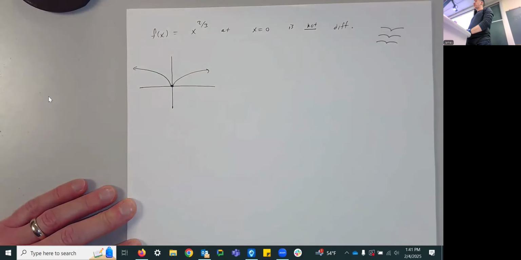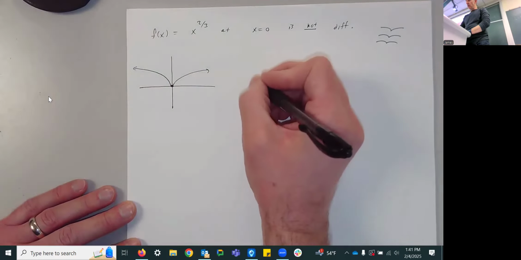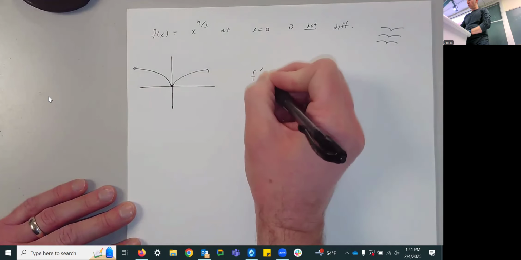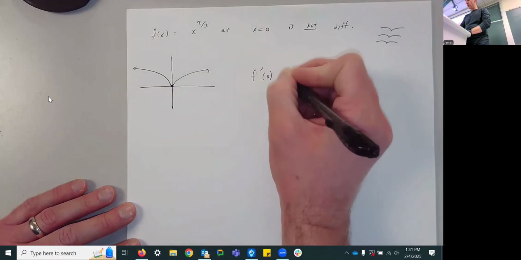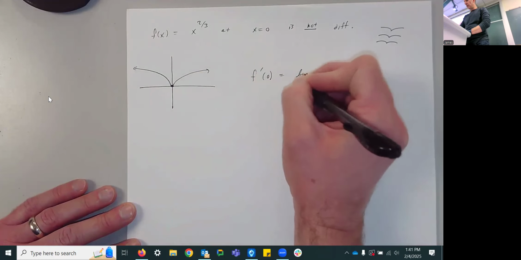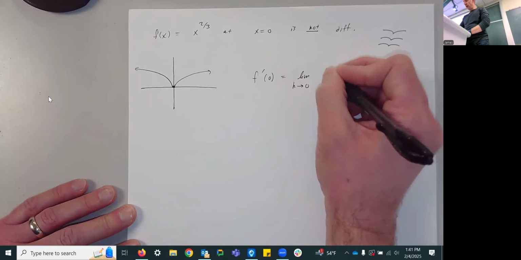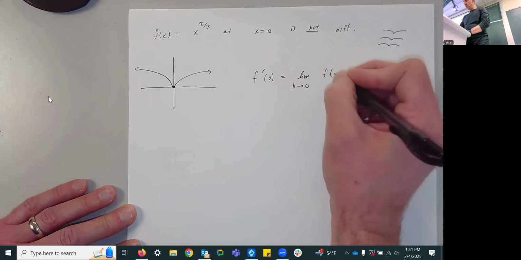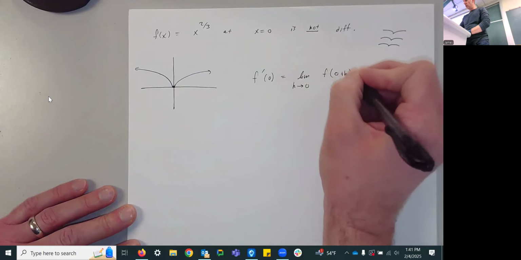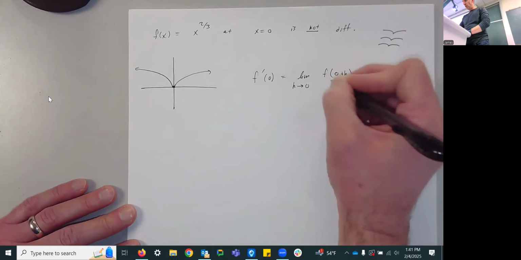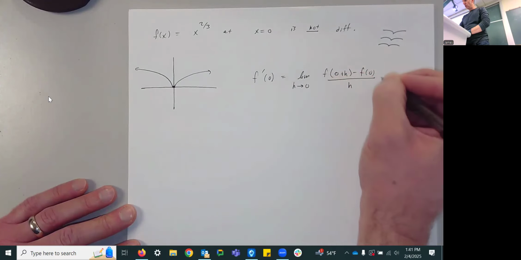If we try to calculate the derivative, let's see what happens. And again, we're using the derivative at a point. So f prime of 0 is going to be the limit as h approaches 0 of, let's just write the definition, f of 0 plus h minus f of 0, all divided by h.